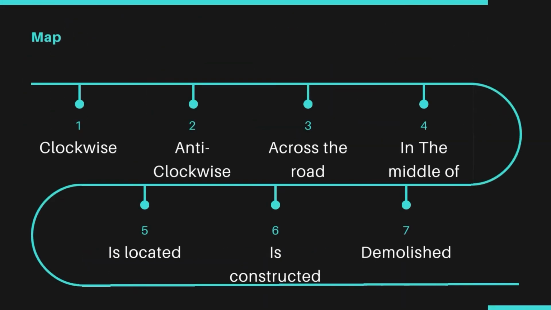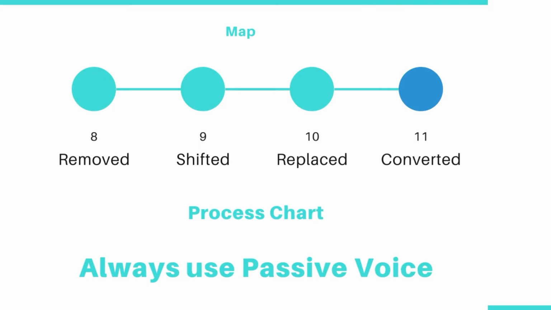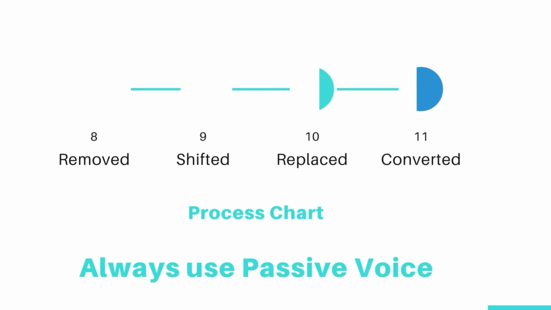The vocabulary for map is clockwise, anti-clockwise, across the road, in the middle of, is located, is constructed, demolished, removed, shifted, replaced and converted. And in process chart, we have to use passive voice. There is no particular vocabulary for process chart, but the thing that we have to keep in mind is that passive voice is compulsory for process chart.